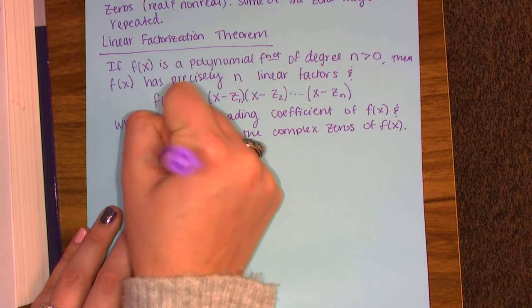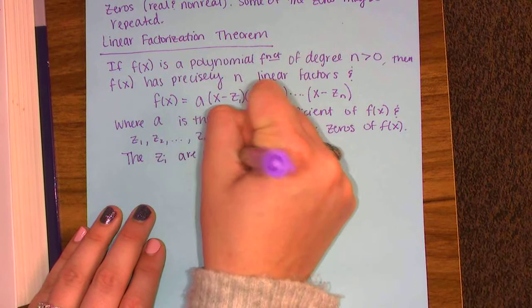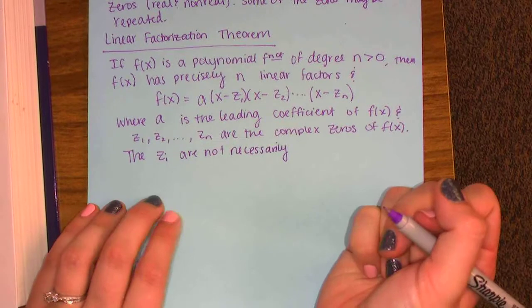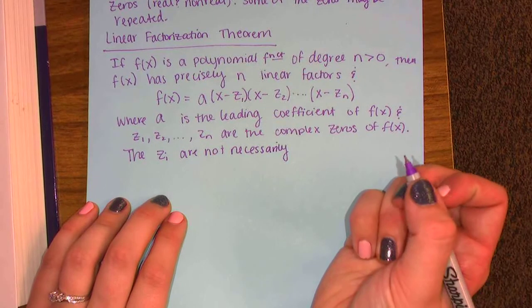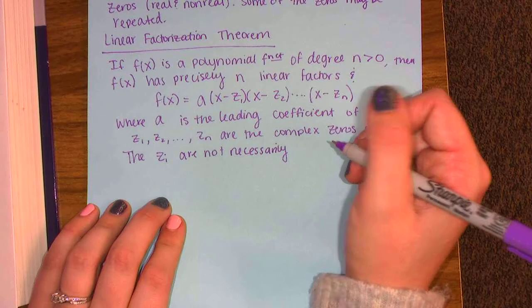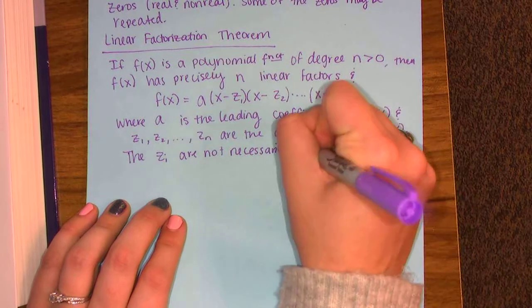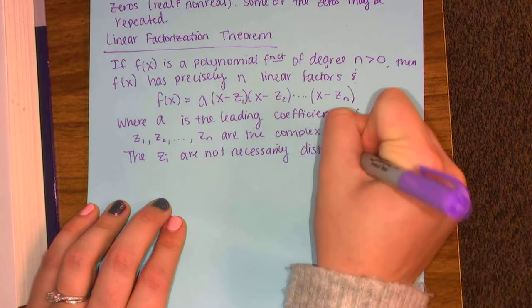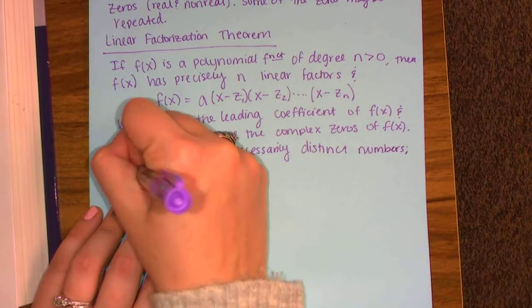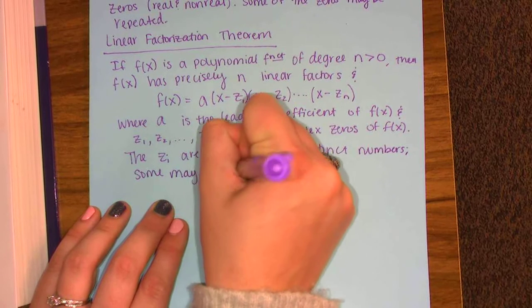The z sub i are not necessarily distinct numbers. Some may be repeated.